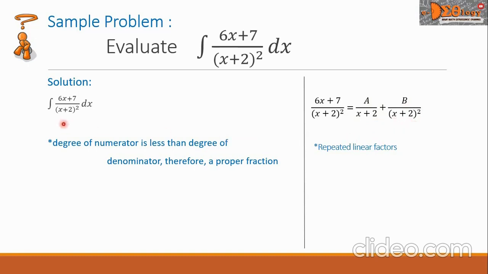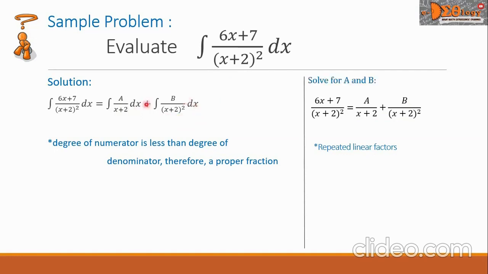We can show our integral here in terms of integrals of partial fractions. So it becomes the integral of A over the quantity x plus 2 dx plus the integral of B over the square of the quantity x plus 2 dx.